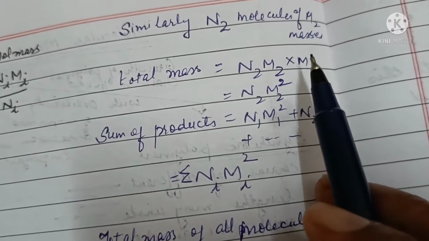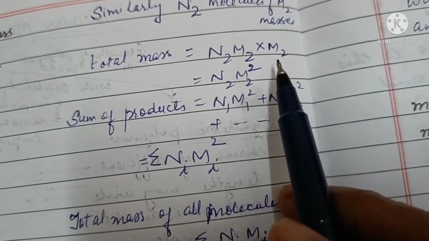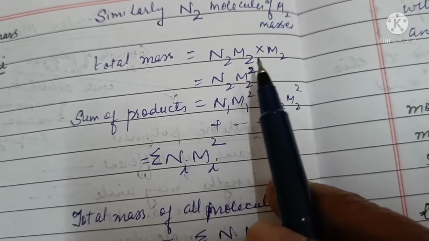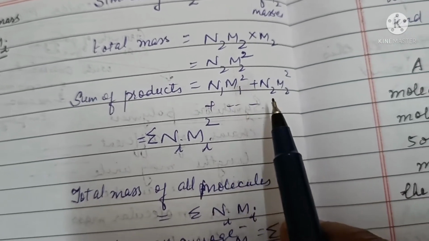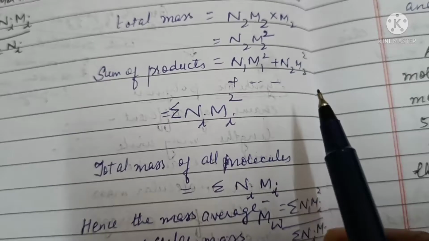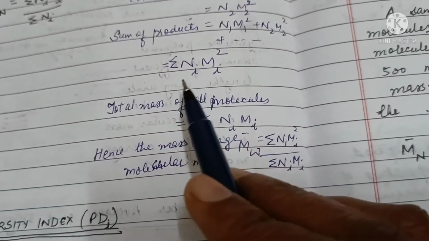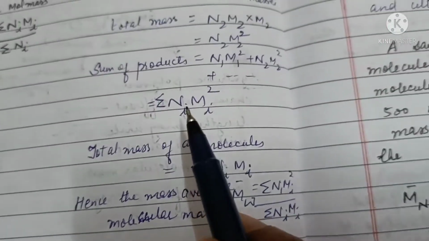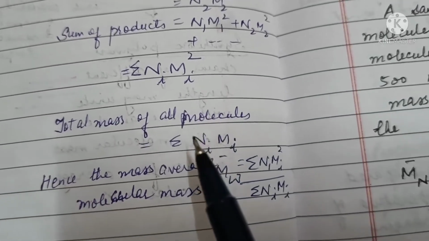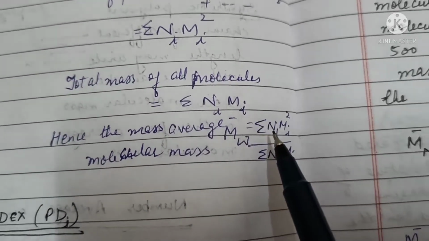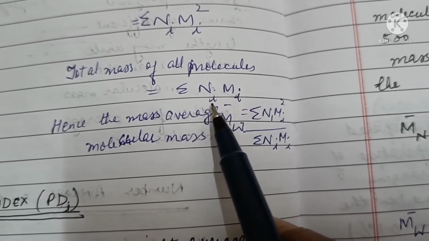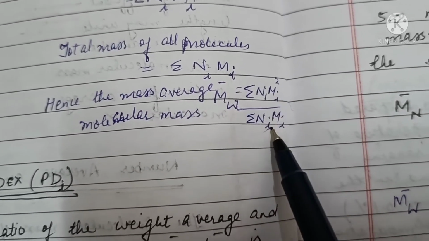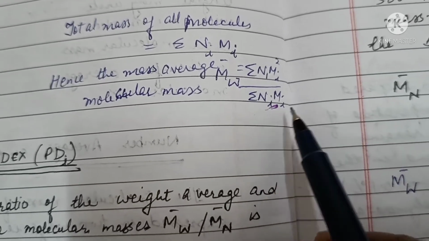For particles having molecular mass M2 it will be N2M2 into M2. So the sum of products will be N1M1 square plus N2M2 square plus N3M3 square and so on. That is sigma NiMi square. So the weighted mass is this sigma NiMi square, and the total mass of molecules is sigma NiMi.